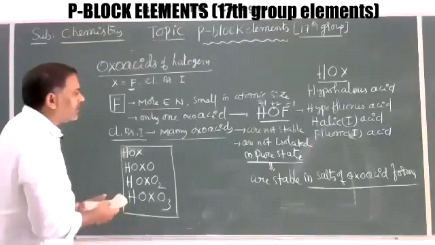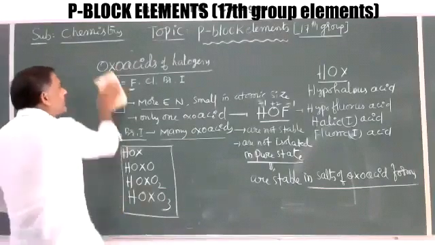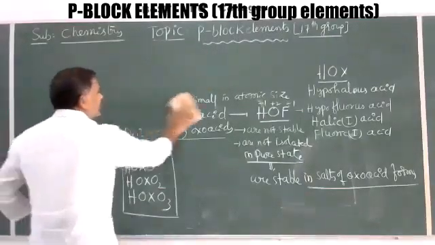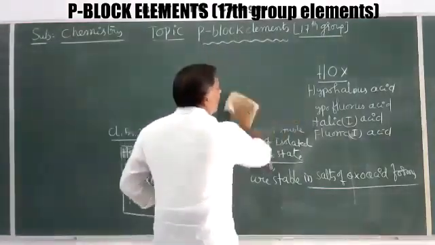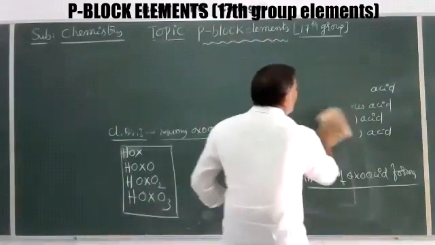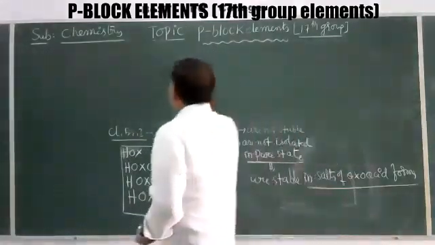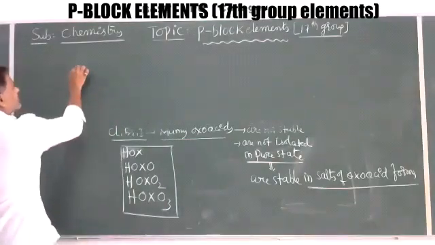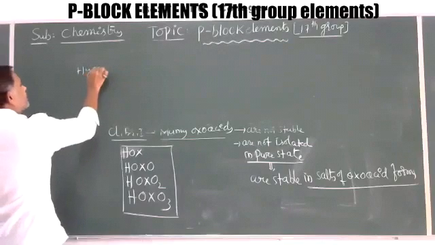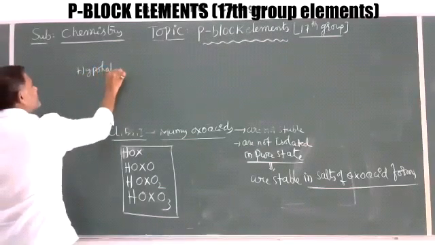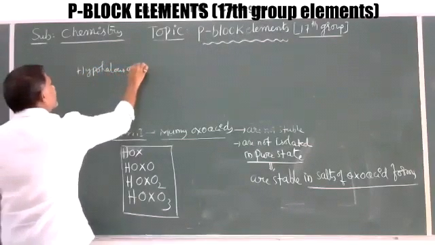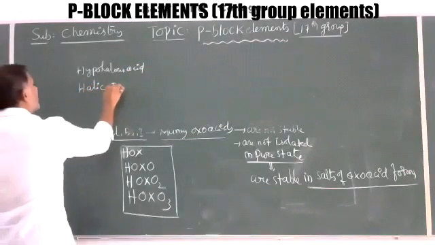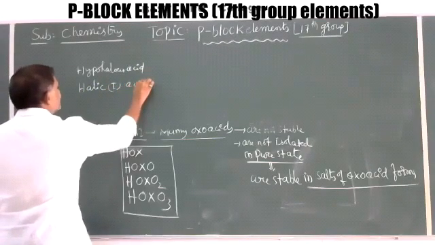Among these, some important examples are given in an important table; just note the table for fluorine, chlorine, bromine and iodine. The first one is hypohalous acid, also called halic 1 acid.